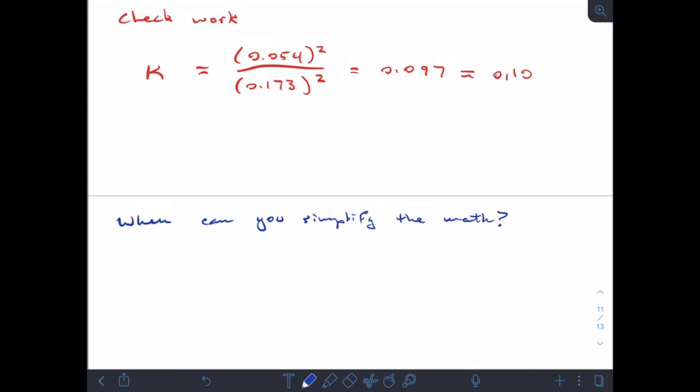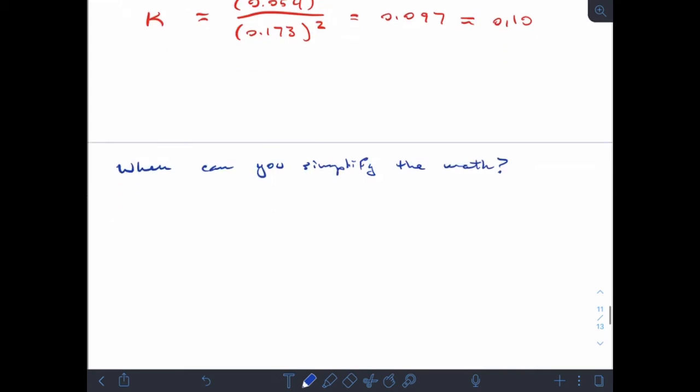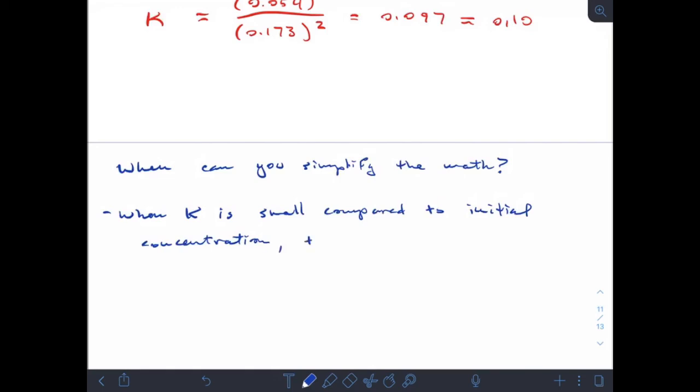When K is very small compared to the initial concentration, the change in equilibrium will be too small to matter.